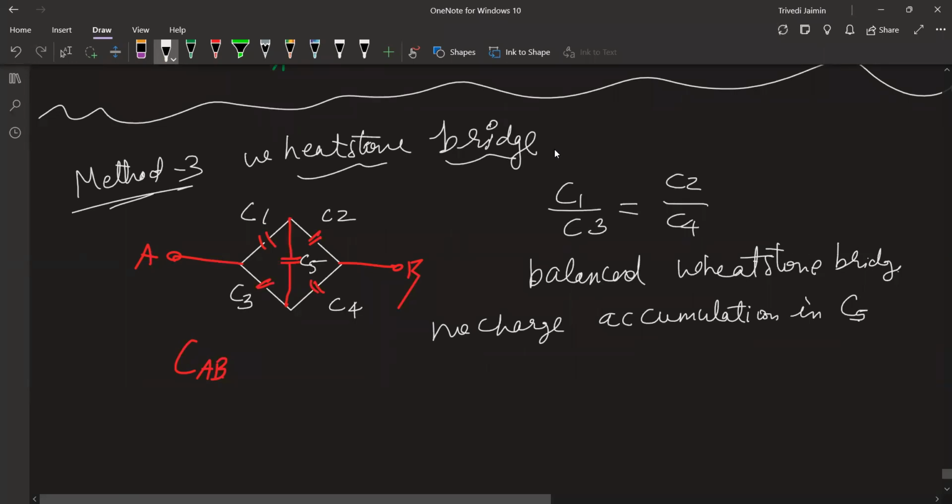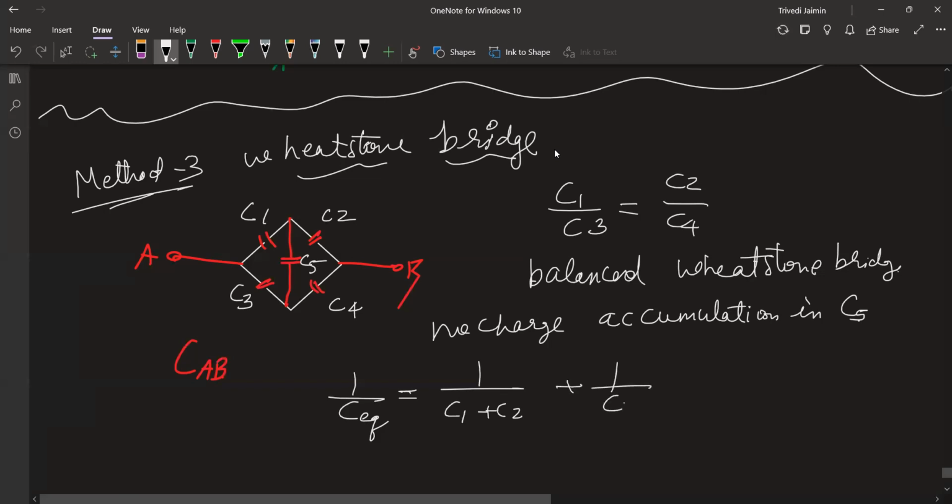So here we can simplify that C1 plus C2 and C2 plus C3, they both are in parallel. So if we solve directly, 1 by C equivalent equals 1 by C1 plus C2 across AB, right?